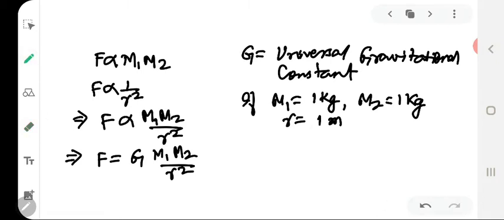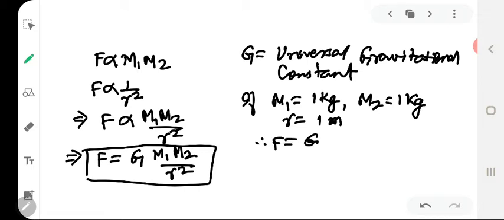Then if we substitute the values in the equation for gravitational force, we get F equal to G into 1 into 1 by 1 square, which further implies that F is equal to G. So using this expression, we can give a definition for the universal gravitational constant. It is numerically equal to the force of attraction between two unit masses placed at unit distance apart.